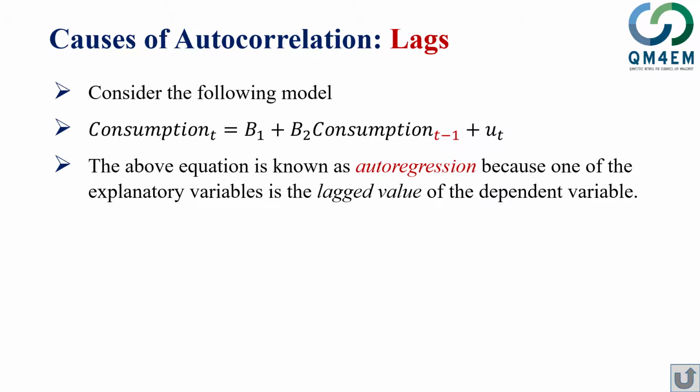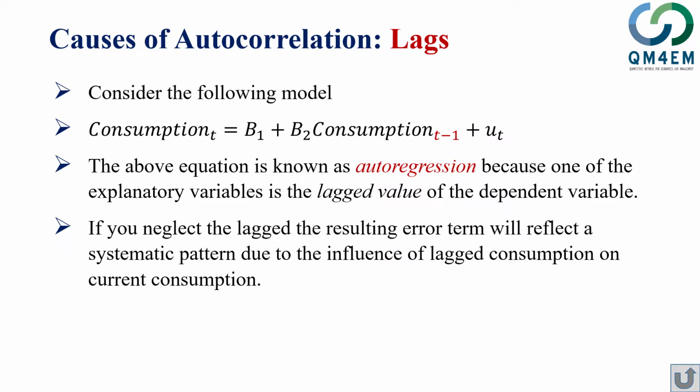And if somehow we are unable to include that lagged variable in our model, or if we exclude this variable from our economic model, we may cause the error term to capture that effect.